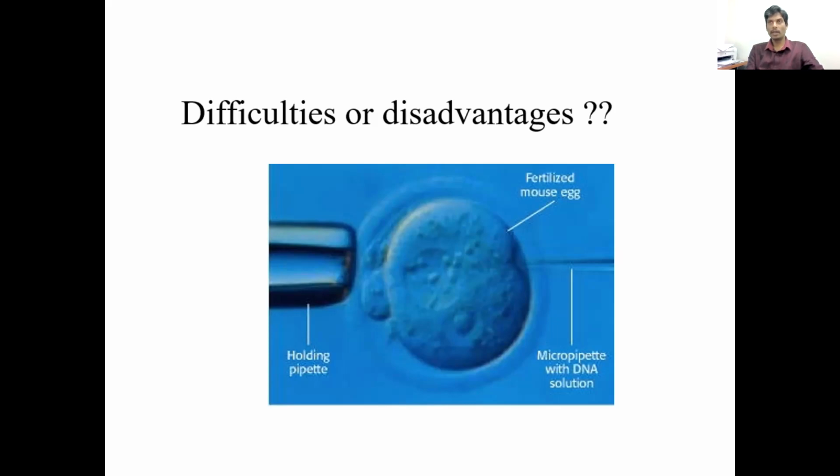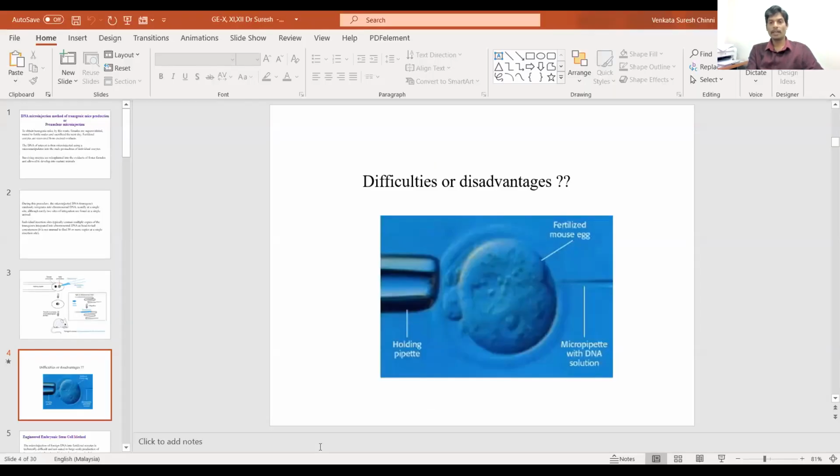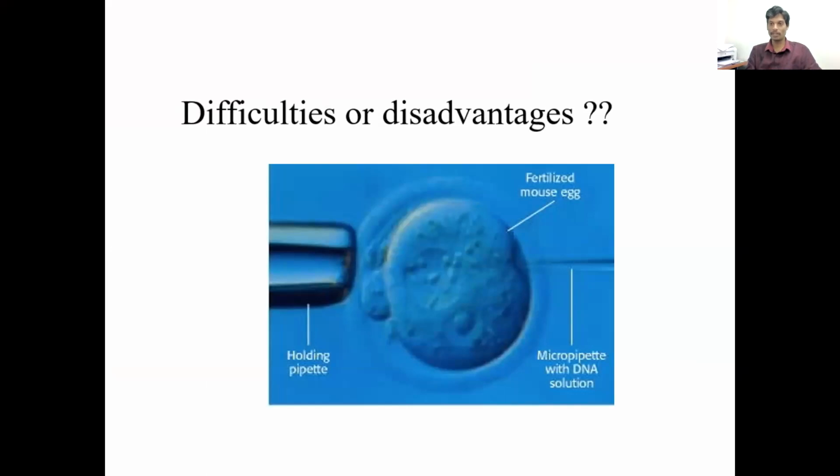Sometimes it may integrate into a place where very vital genes of the cell are present. If it integrates in the middle of a vital gene, it will not survive, because that function is very important. If it does not survive, that is okay. But another problem is that sometimes it will survive but affect the normal metabolism, if it is integrated in a region where other important genes are present. That is another disadvantage.